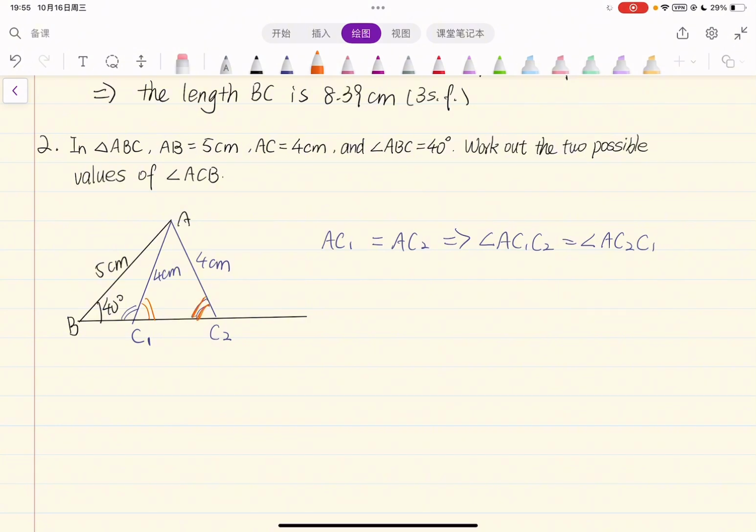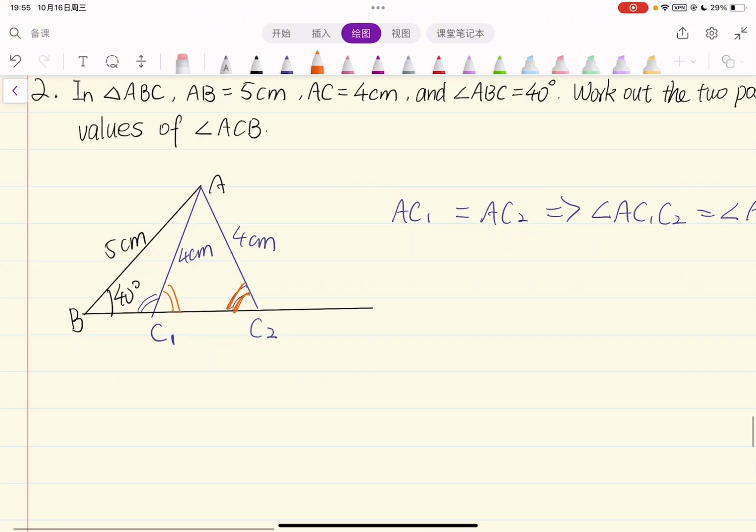They are the same. And the angle AC1B and the angle AC1C2 add up to 180 degrees.